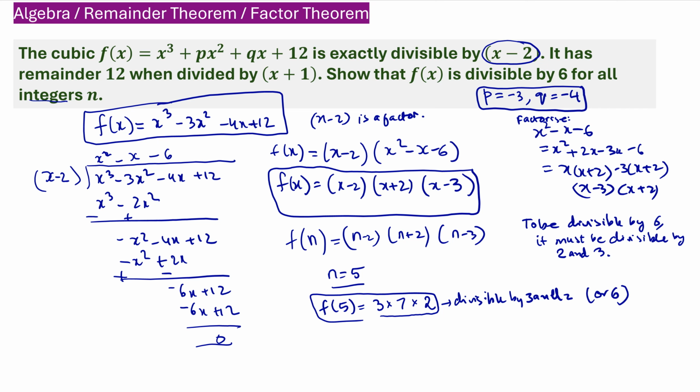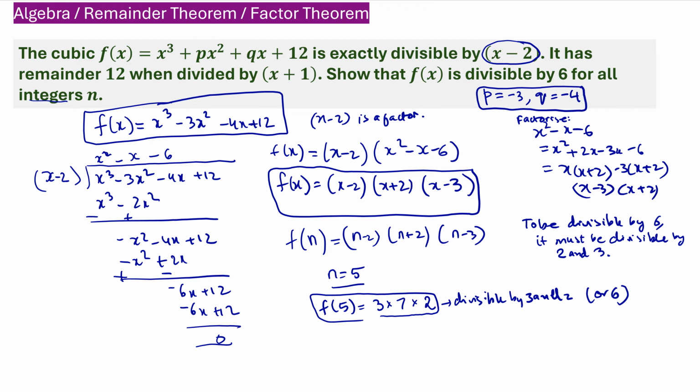Or 6. Now, one of these numbers has to be even, which it will be. If n is 5, an odd number, and you take off another odd number, odd minus odd would give you even. You can try with any other number and you will get even. Say we do 13: 13 minus 3 is 10.